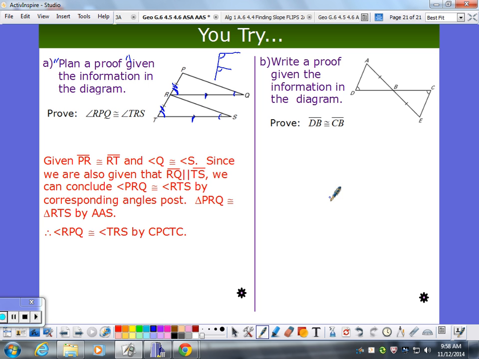Angle Q equals angle S. They are congruent, yes. And since RQ and ST are parallel, if you were to create, using construction, a parallel line parallel to those two, crossing through point P. Create parallel lines here? Yeah, and then angle QPR and SRQ would be congruent because of corresponding parts.